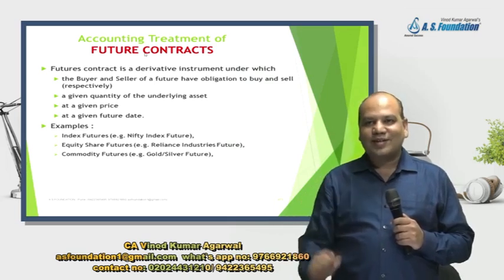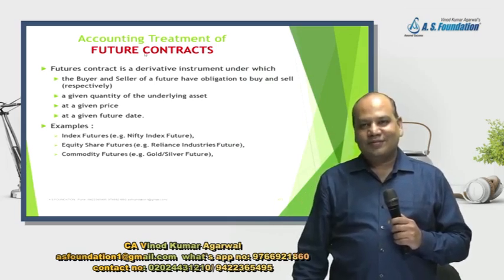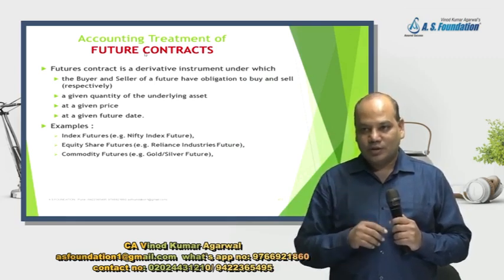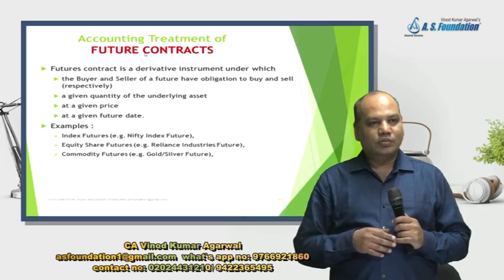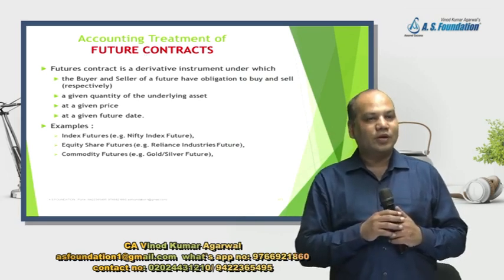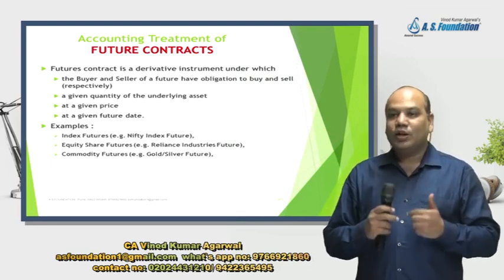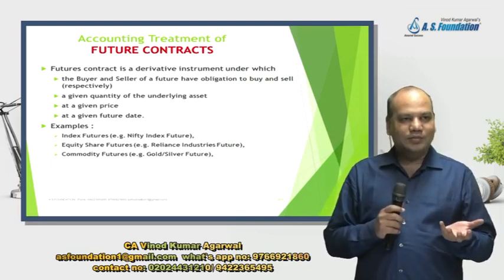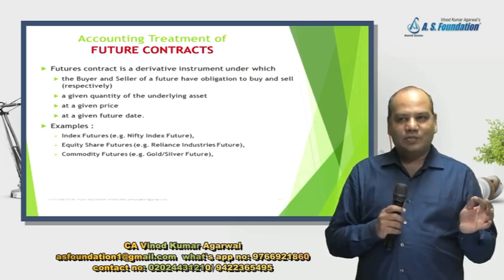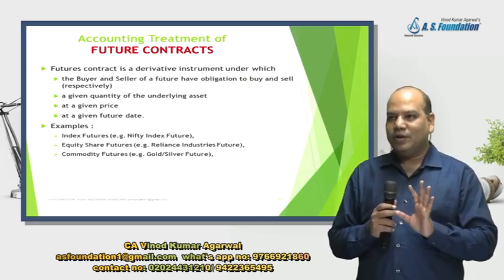So to avoid that counterparty risk, what people in the finance world have designed is the future contract. Because the risk was there in the forward contract. So if you don't want to take that counterparty risk, you deal through an exchange. Same instrument, basic features are the same, unlimited risk, unlimited profit.